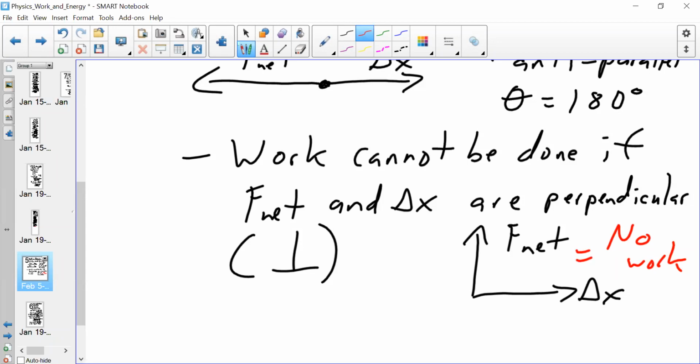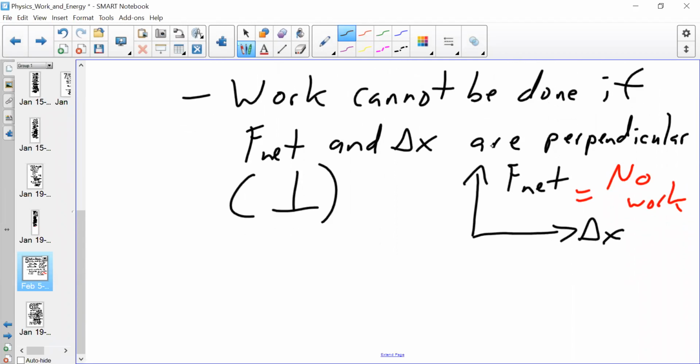And same thing goes for if the angle is 270 degrees. It's basically the same thing.